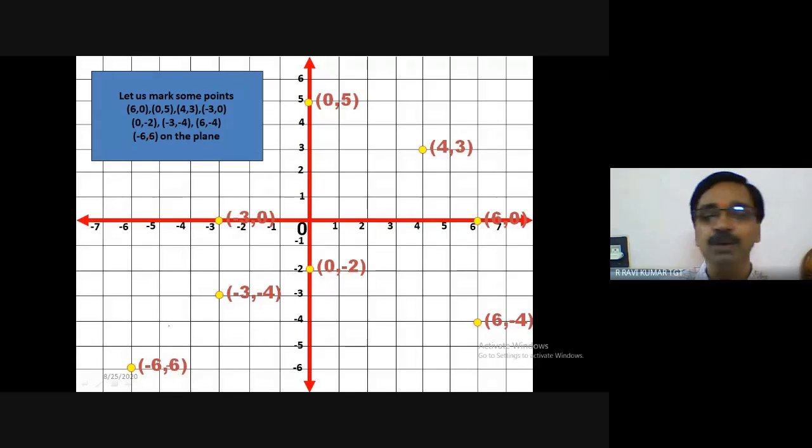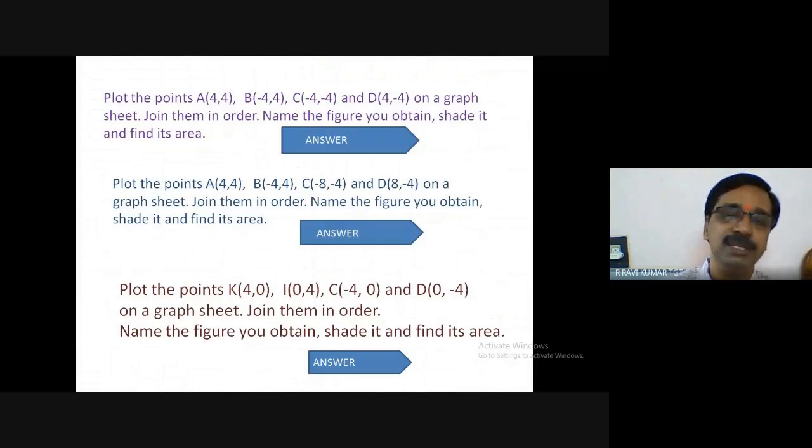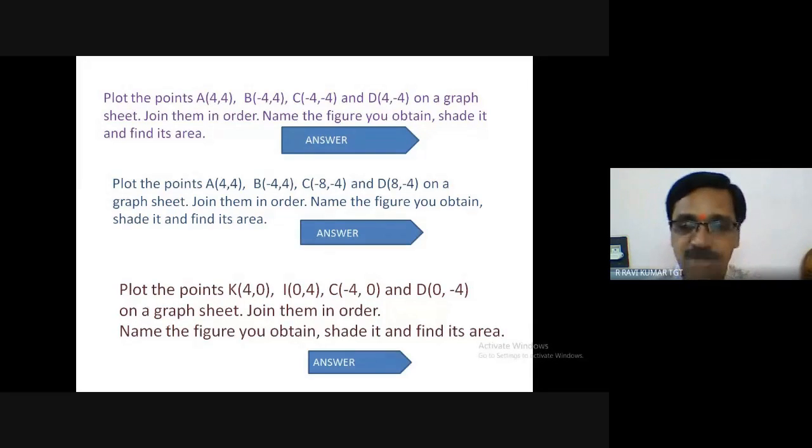Okay, good children. Now let us move on to the next part of this lesson. Here are some points. You have to plot the points on a graph sheet, join them in order, and name the figure obtained, and find its area. Such a question is one of the big questions normally asked in exams, maybe in PTs, maybe in the final exam also.